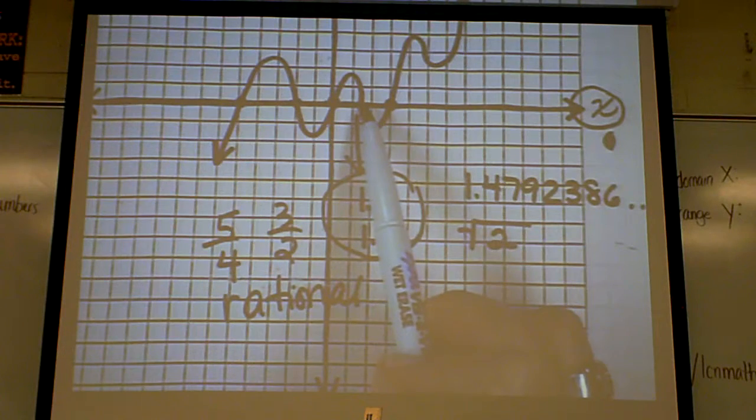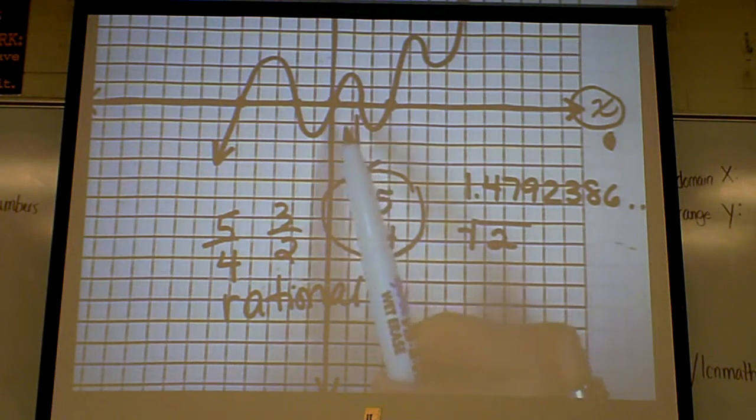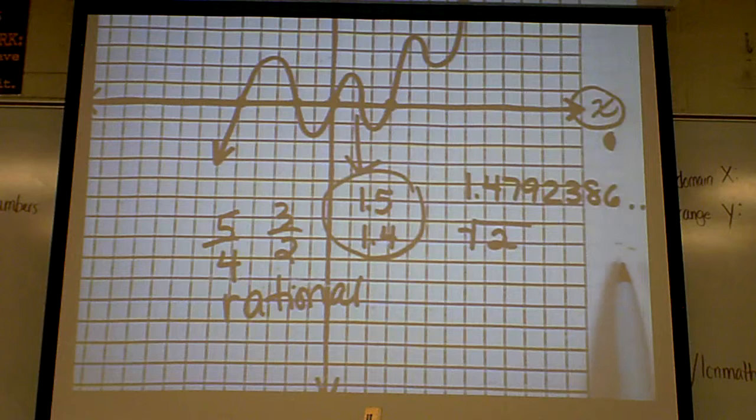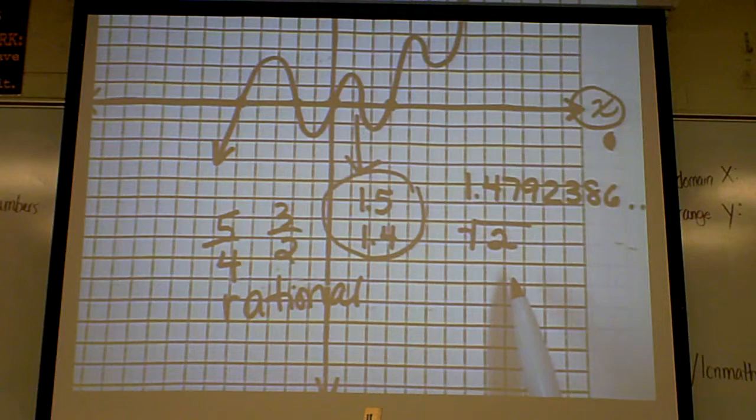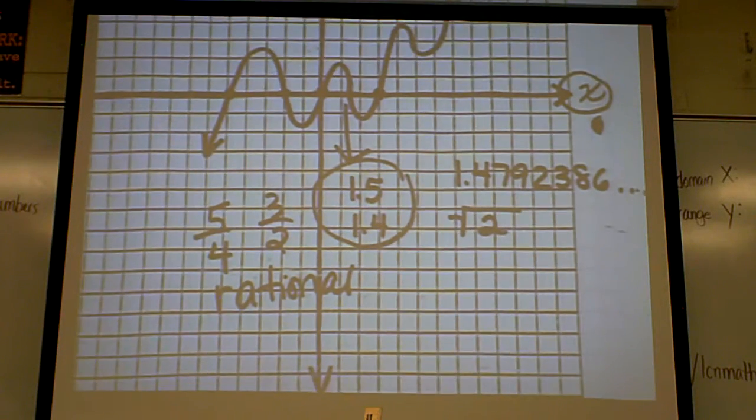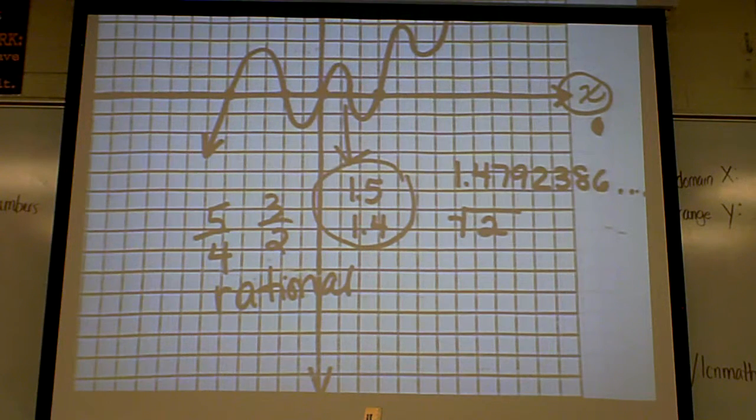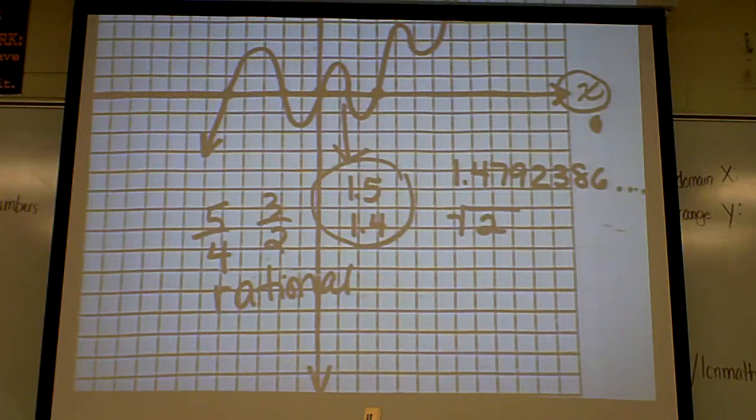And this one might be, I don't know, an irrational. It might be the square root of 2. Okay, I really don't know what it is. But the instructions today are going to ask you to find either rational zeros, or real zeros.